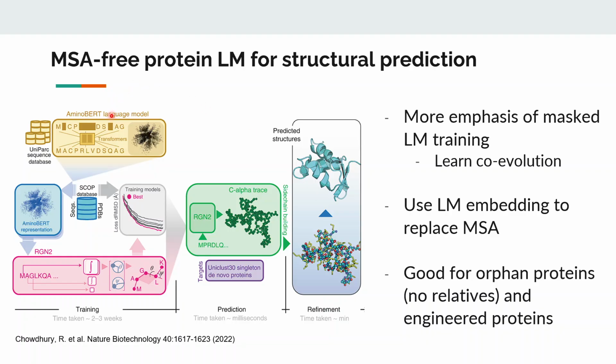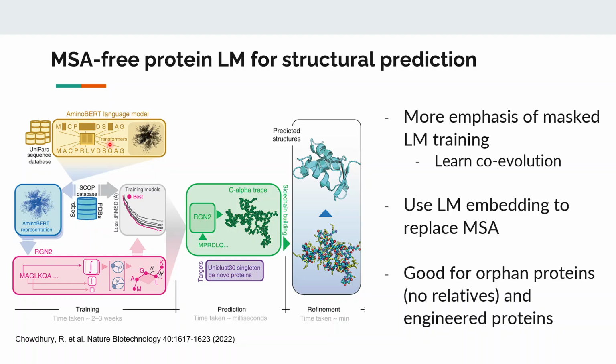But in this case, what they showcase is they can train this kind of model very quickly, because multiple sequence alignment needs some computational power to process billions of proteins. For this, you just take all the protein sequences, remove some amino acids, and ask the model to predict. It's very simple to train, very fast.